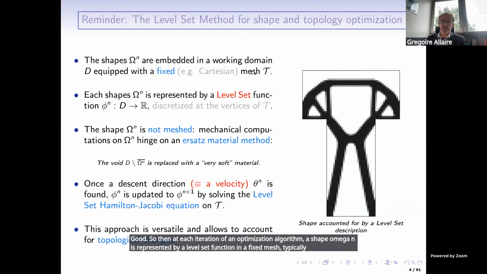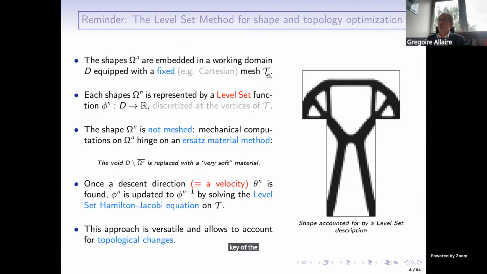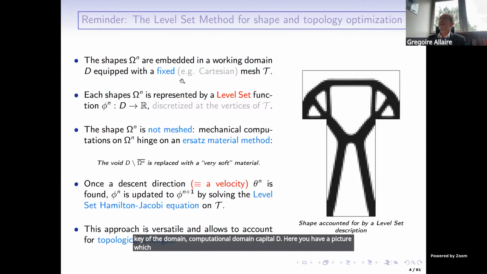Typically, during the first webinar, we were discussing a Cartesian mesh T of the computational domain capital D. Here you have a picture which is an example of this. And then the shape omega n is represented by the discretization of this level set function on the vertices of your mesh T. So the shape is not exactly meshed.